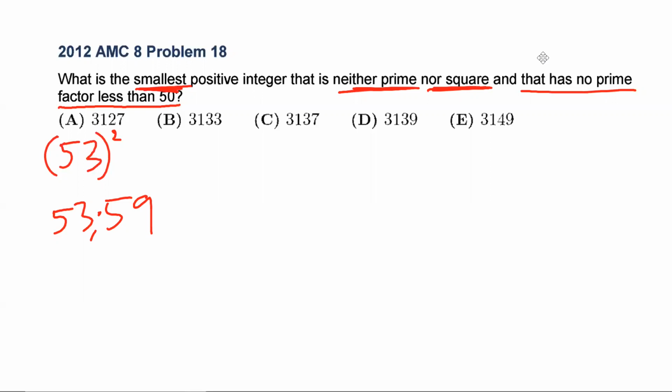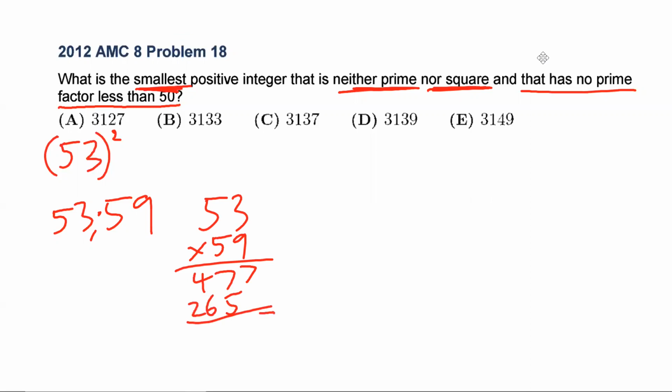And it's not a perfect square. And it has no prime factor less than 50. So if we take 53 and 59 here, multiply it out, you get 3127. And that happens to be A.